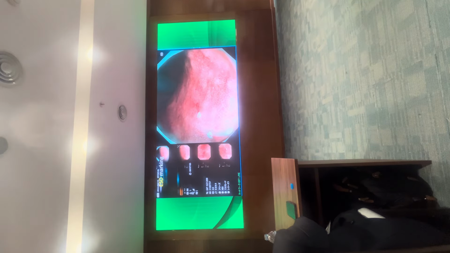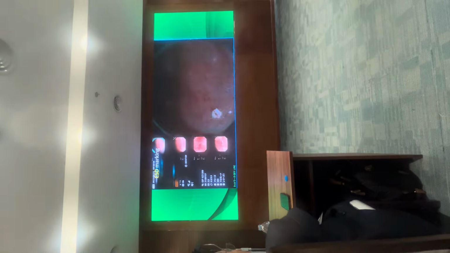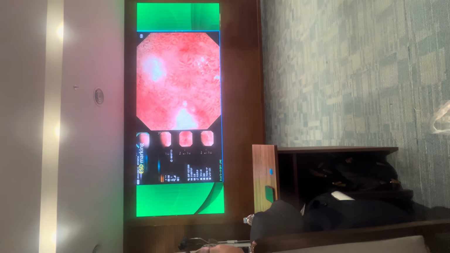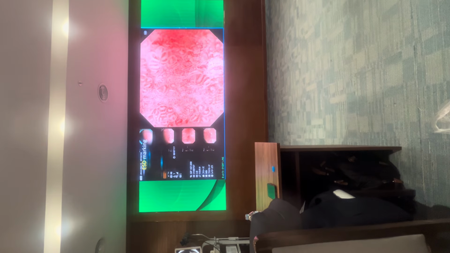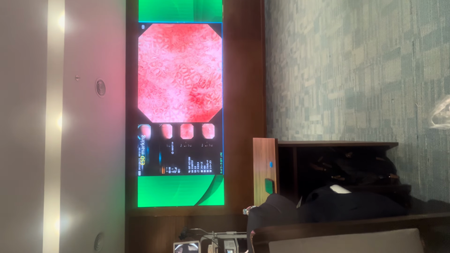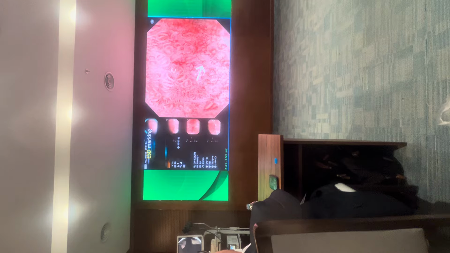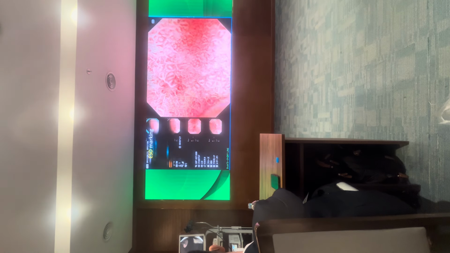This tumor shows a regular microsurface pattern, and I couldn't identify the tumor region on lower magnification. So I observed with maximum magnification. The arrow shows an irregular microvascular pattern.